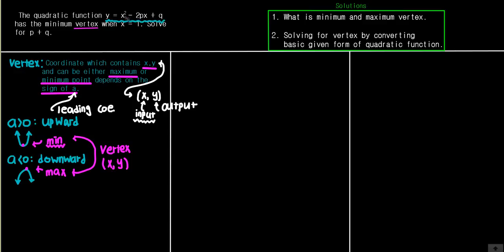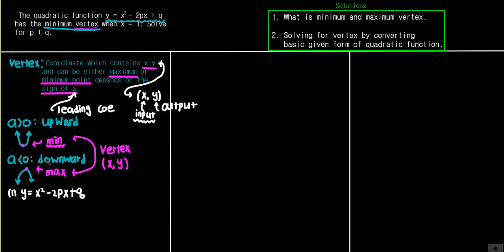Quadratic function y is equal to x squared minus 2px plus q, and it has a minimum vertex. Let's write our function down at first. So our function is y is equal to x squared minus 2px plus q.